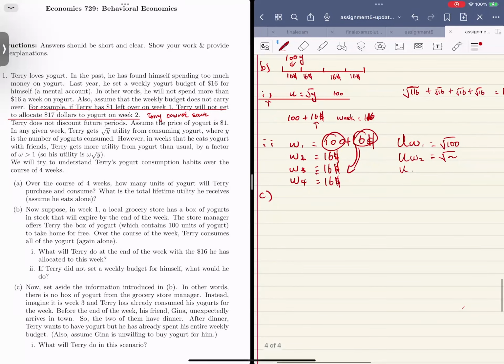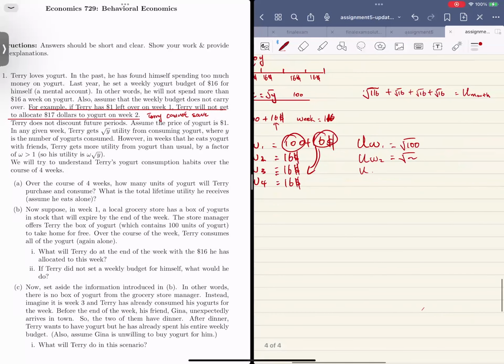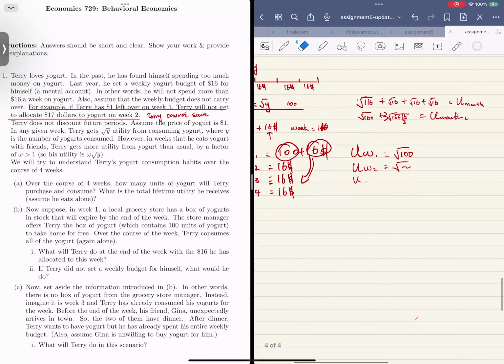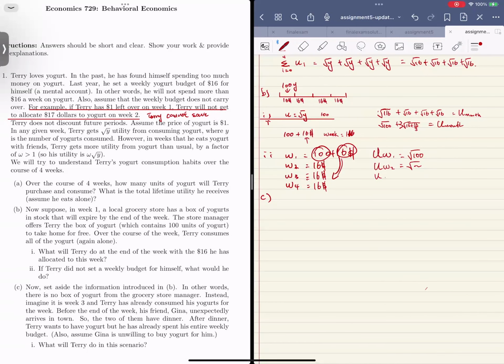But if you don't have mental accounting, yours will look like the square root of 100 plus the square root of 16 plus 16 divided by 3, 3 times that, equals the utility of month 2. Oh, I mean 2 is without mental accounting. You can do the calculation. I'm pretty sure that the first one is less than the second one.